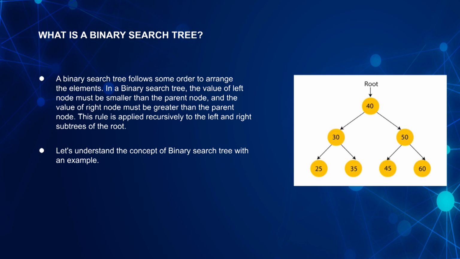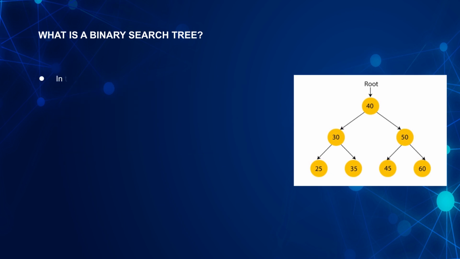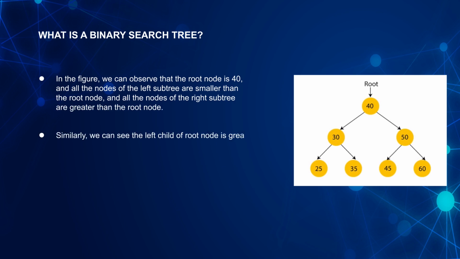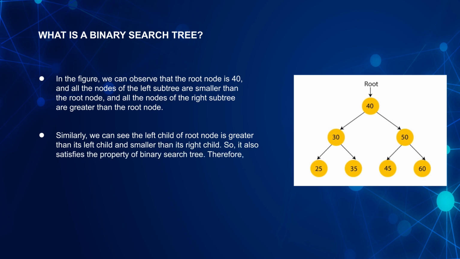Let's understand the concept of binary search tree with an example. In the figure, we can observe that the root node is 40 and all the nodes of the left subtree are smaller than the root node 40 and the nodes of the right subtree are greater than the root node 40.